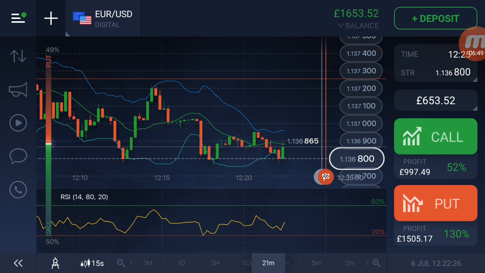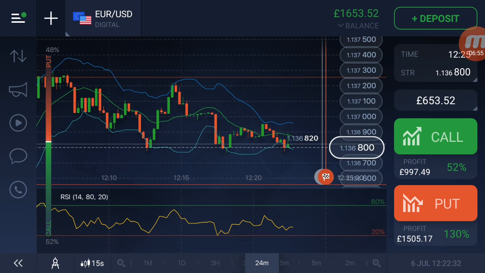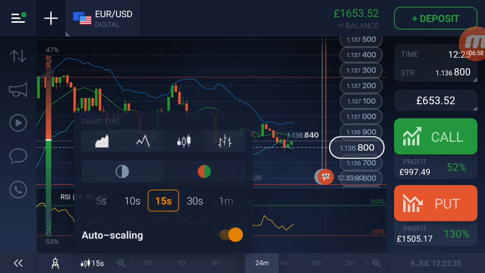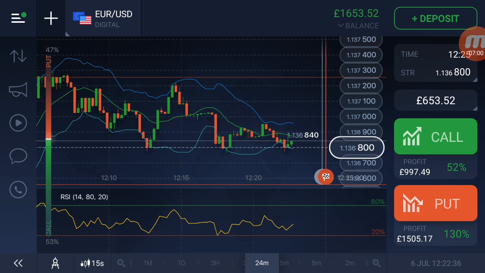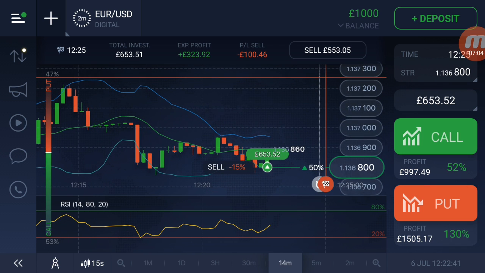But I'm sure that's going to be a win, because it is at a support area. It will come back up. You just have to be confident, relax.